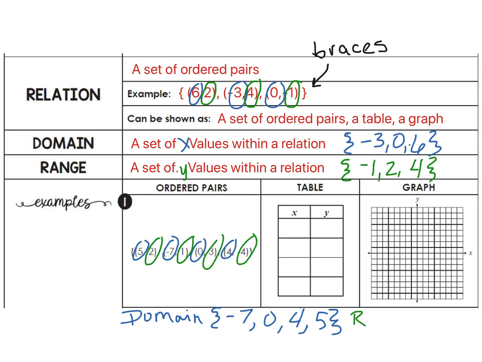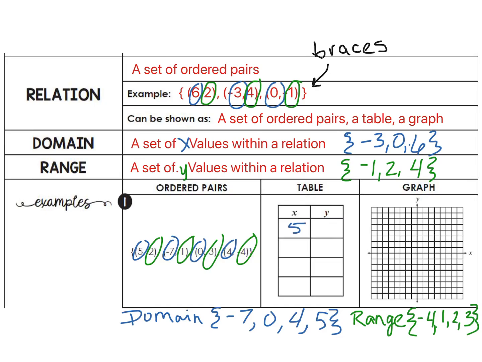All right, so I've listed both my domain and my range below my 3 representations of this relation. Now let's fill in the table. In the table, I don't want to list them in any different order.